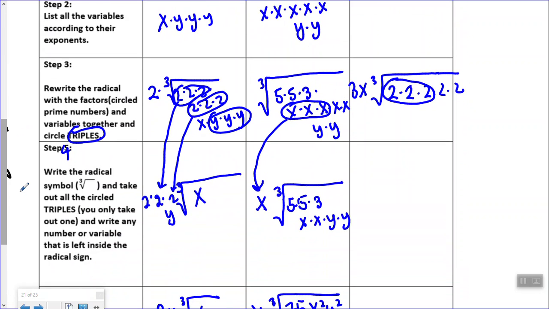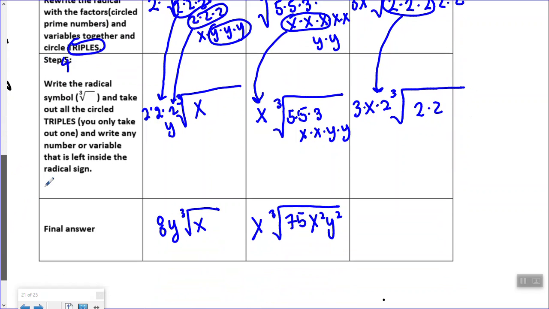And then the triple comes out of the cube root. So again, before you take it out, 3x is here. You have to bring down 3x. And then this 2 comes out. When it comes out, you just take out 1. And these 2 stay here.